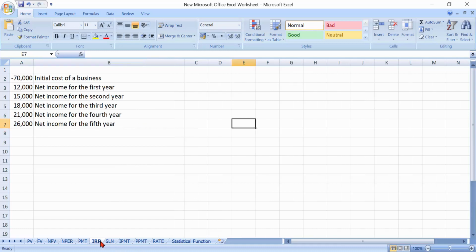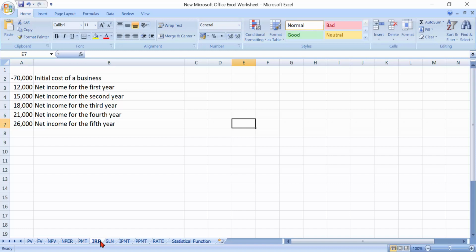Now here next function is IRR. It means it returns the interest rate of return for a series of cash flows that is represented by the numbers in value, and these cash flows do not have to be even as they would be for an annuity. However, the cash flows must occur at regular intervals such as monthly or annually.